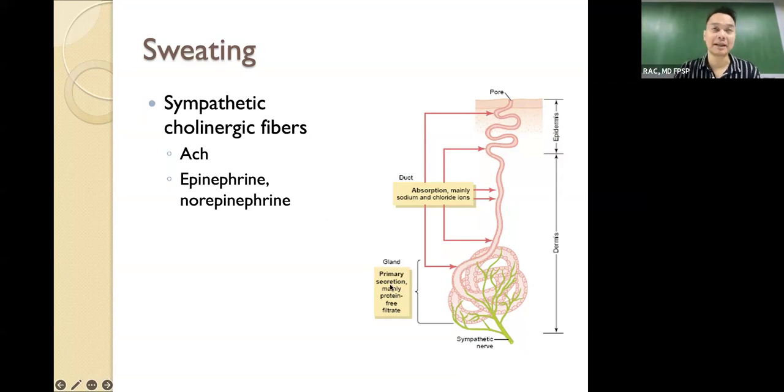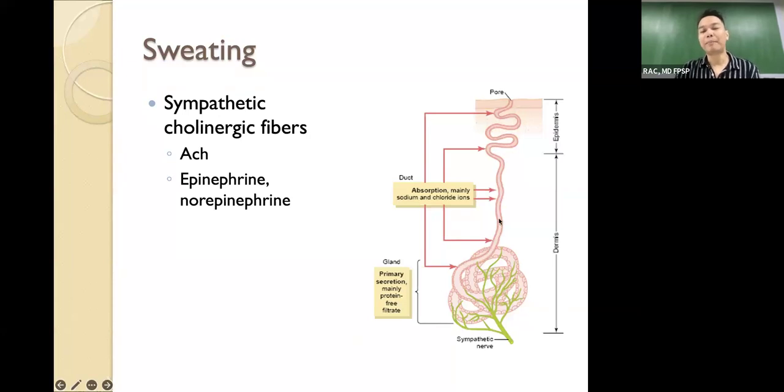This primary secretion is said to be a protein-free fluid similar to plasma. Just like in the nephron, you have your glomerulus, and the filtrate coming from the glomerulus, or the filtration barrier, is said to be protein-free. It's similar or identical to plasma, except it will not contain plasma proteins. The same is true for your primary secretion.